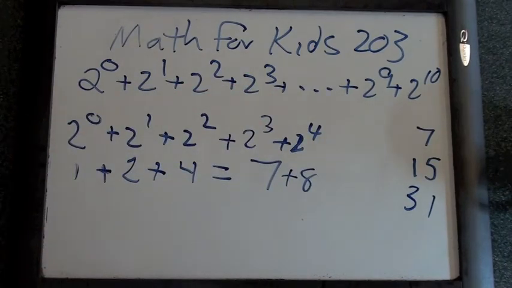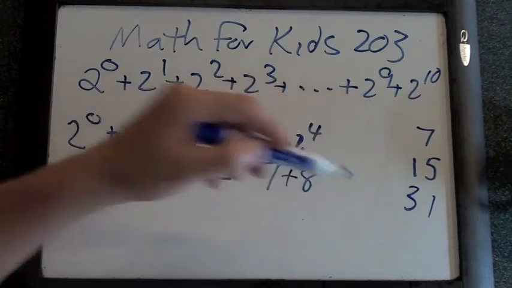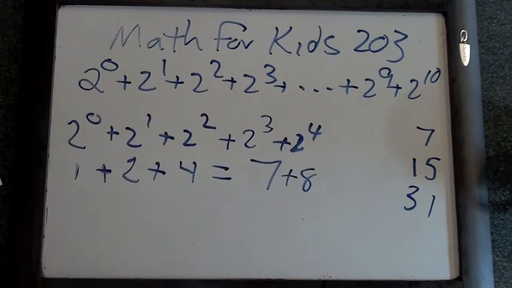Well, you were adding 8 to 7 to get 15, and then adding 16 to 15 to get 31. Okay, so 7, 15, 31 look a lot like powers of 2, right? They're very close to powers of 2. Yeah.